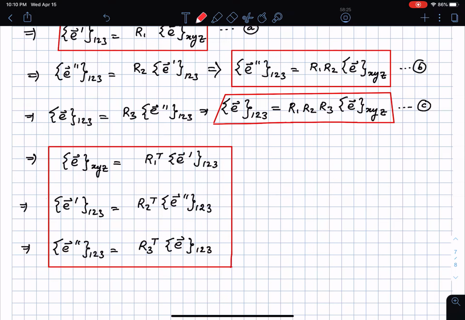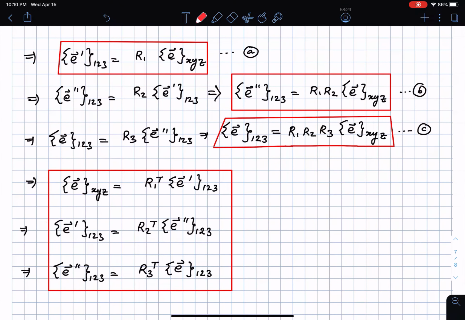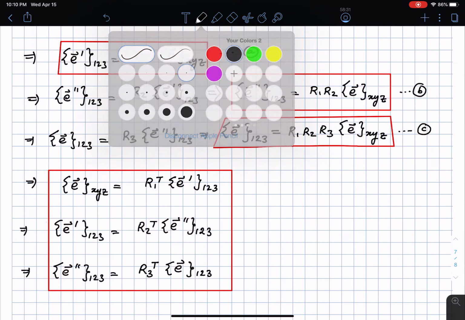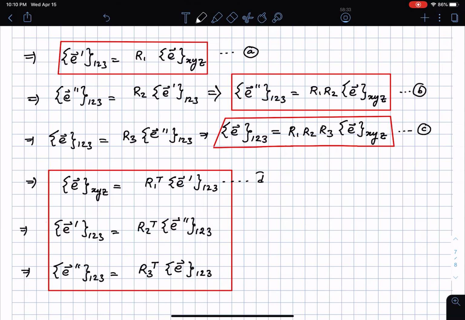All right, so this I'm going to call equations A, B, C. This is equation D, equation E, and equation F. So equations A, B, C, D, E, F characterize the entire sequence of rotations from one basis vector system to the other for the 3-1-3 Euler sequence.